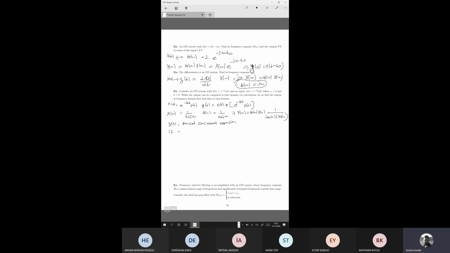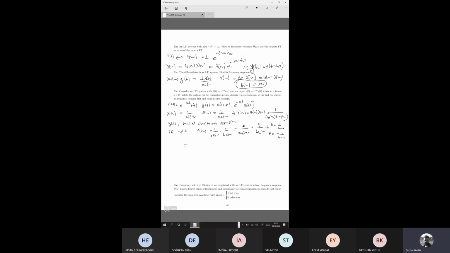So if a is not equal to b, then y of omega is something like this, 1 over a plus j omega times 1 over b plus j omega. It's equal to A over a plus j omega plus B over b plus j omega. I will not solve for this partial fraction expansion, but I know that you know it very well from calculus classes. A is simply 1 over b minus a, B is simply minus 1 over b minus a.